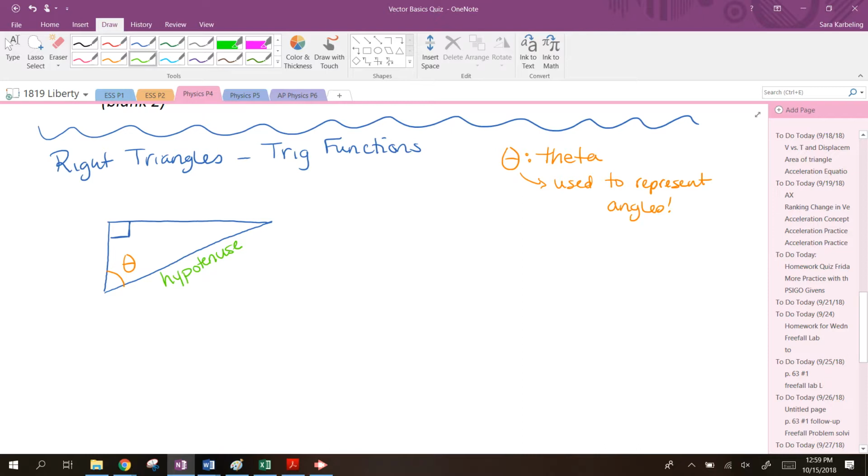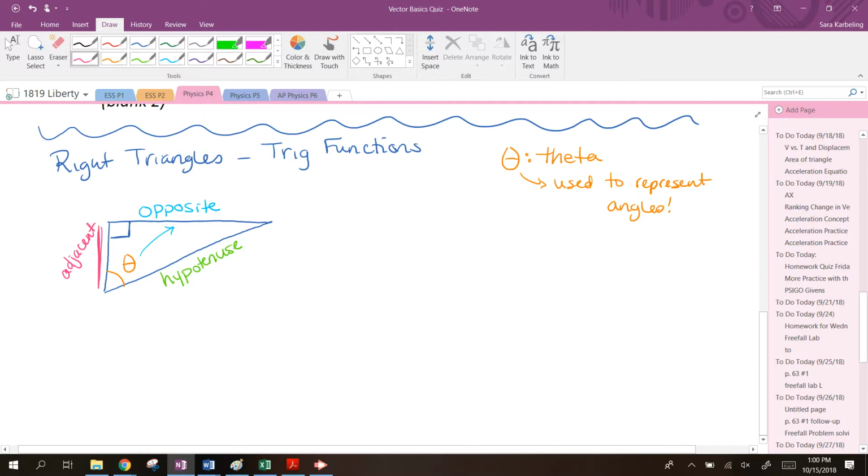That one is called opposite, because you have to go across the triangle to get to it. The one that makes up the other side of the angle theta, besides the hypotenuse, is called adjacent. Adjacent meaning next to. This side is called the adjacent side.